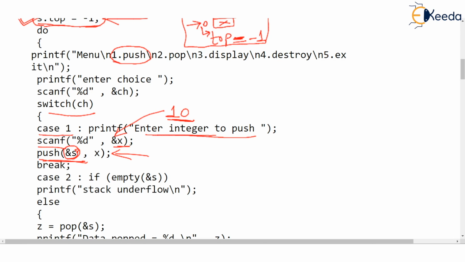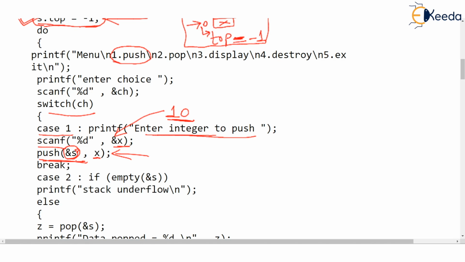The address of s has been passed and the value of x, which is 10, has been passed. This is exactly coinciding with our discussion on stack using linked list. I repeat, these fundamentals on passing the address of the stack were learned in stack using linked list.